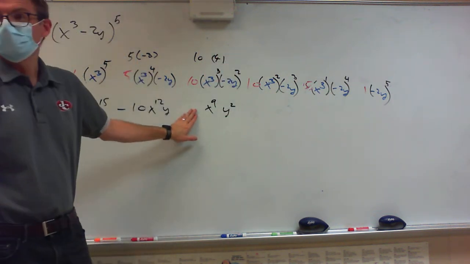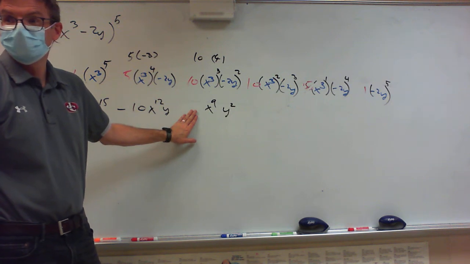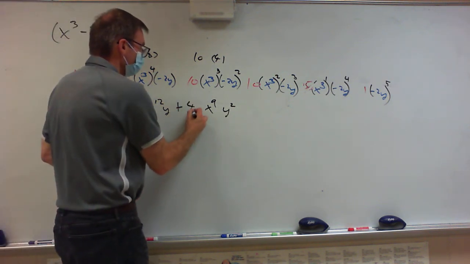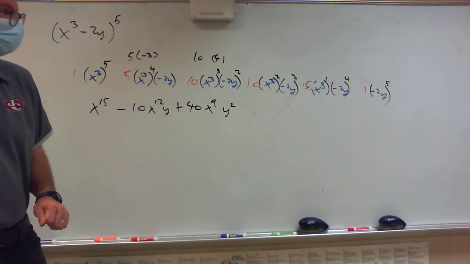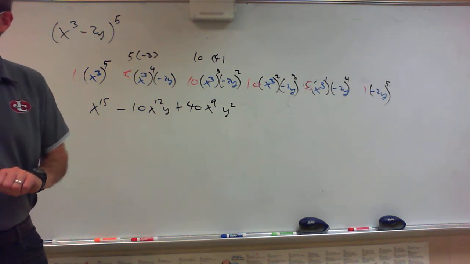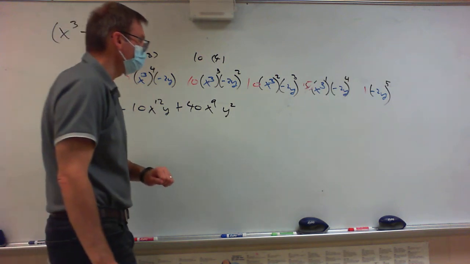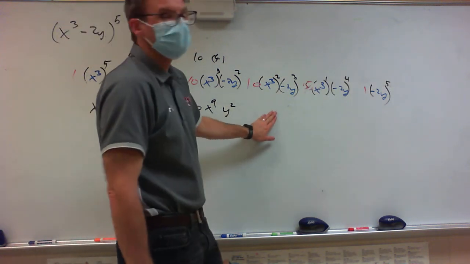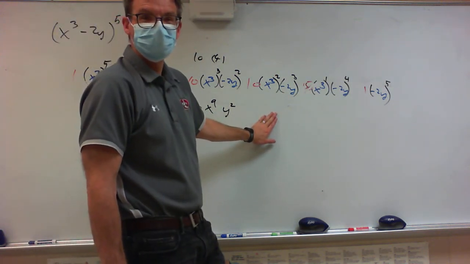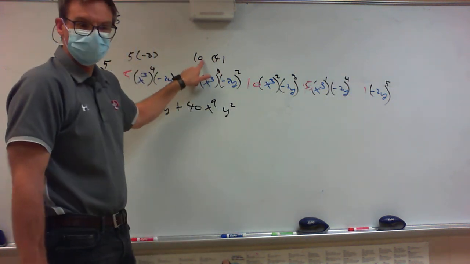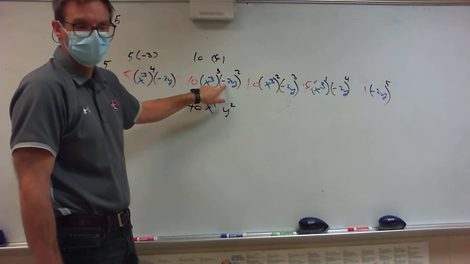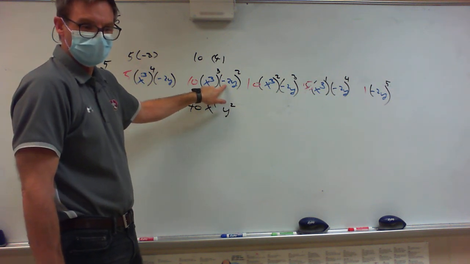So what number goes here? Is it positive or negative? Positive, so I put a plus 40. Y'all see that? Wait, where did you get 40? 4 times 10. The 4 came from negative 2 squared. Oh.